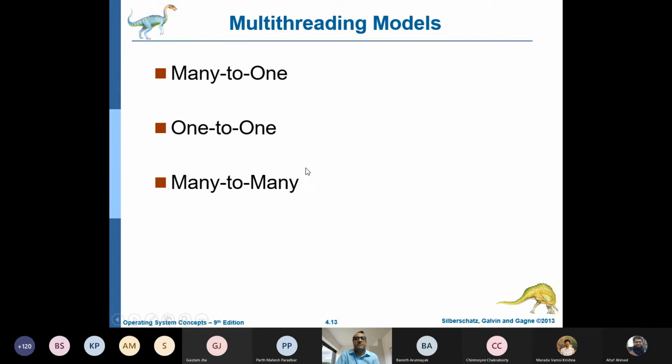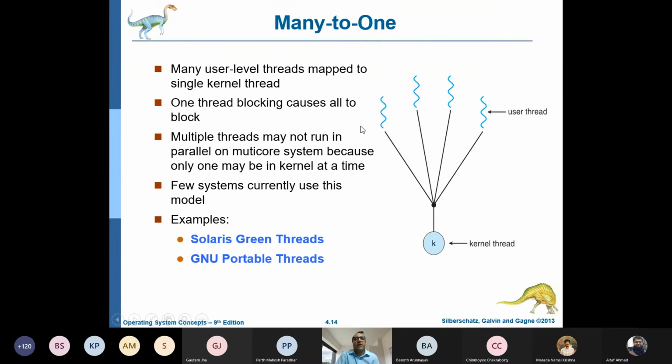There are three types of implementation models: the many-to-one model, the one-to-one model, and the many-to-many model. This is the many-to-one model. Here, multiple user-level threads are mapped to a single kernel thread.